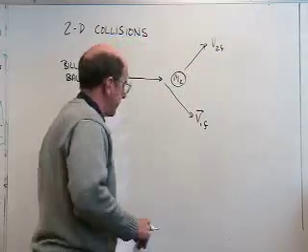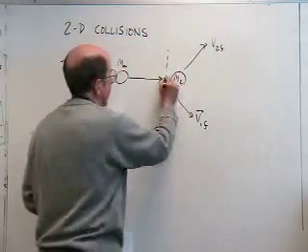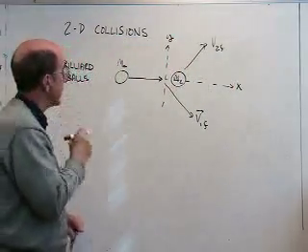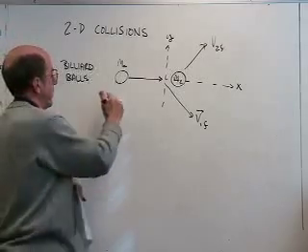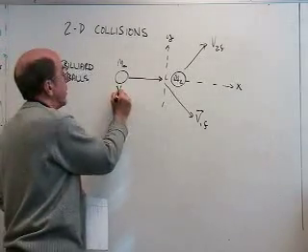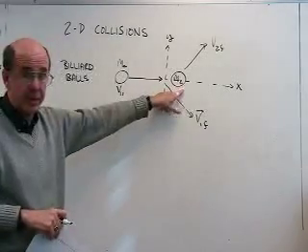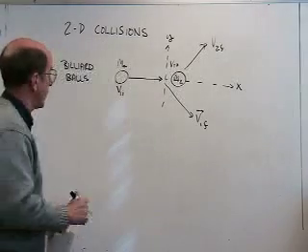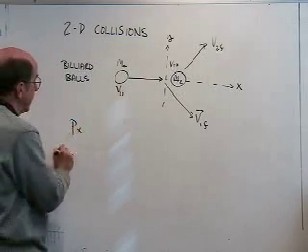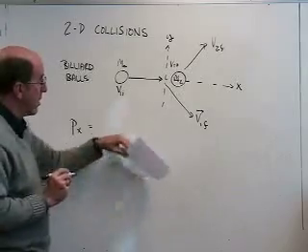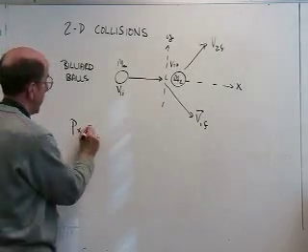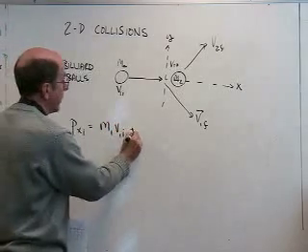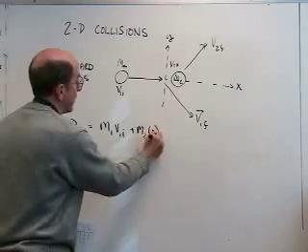So I'm going to explicitly put my frame of reference. There's the x direction and the y direction. And so I have this ball that comes in with some initial velocity, v1 initial. The other ball was sitting there with zero velocity. Okay, so the initial momentum in the x direction, the horizontal component of the momentum before, is equal to m1 times v1I plus m2 times its velocity, which is 0.